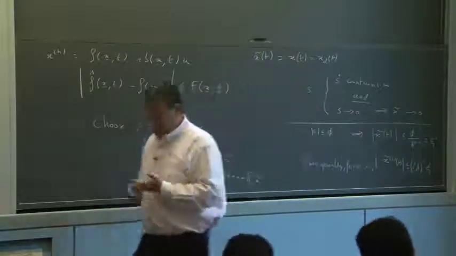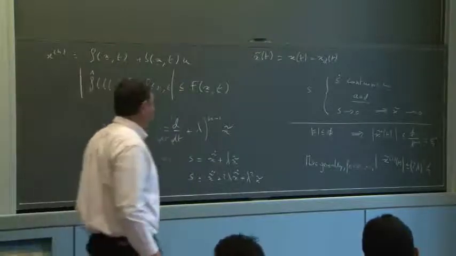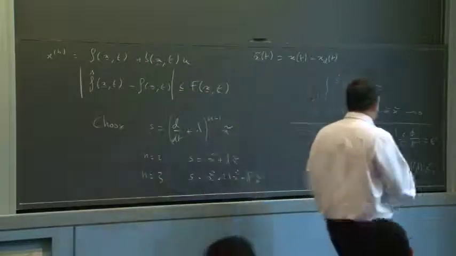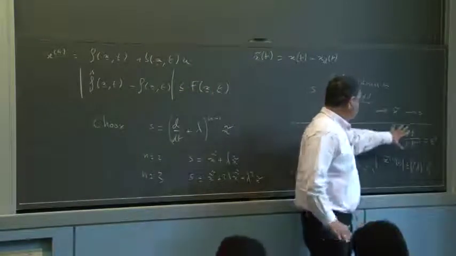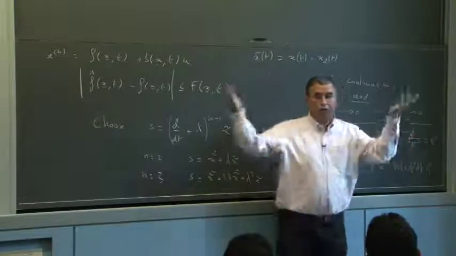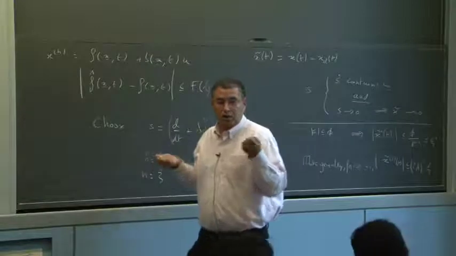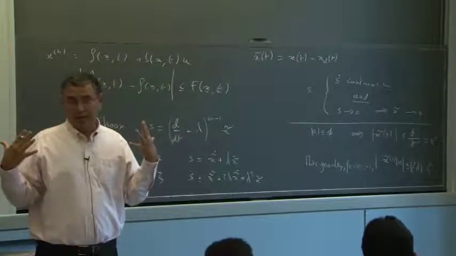It's very easy to show, and it's also described in the book. So it means that once you have this bound on S, you can compute bounds on x tilde and actually all its derivatives up to order n minus 1. In other words, you can compute bounds on the tracking error on the state.